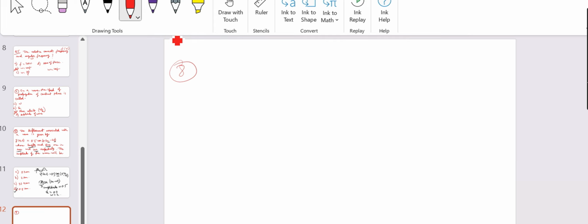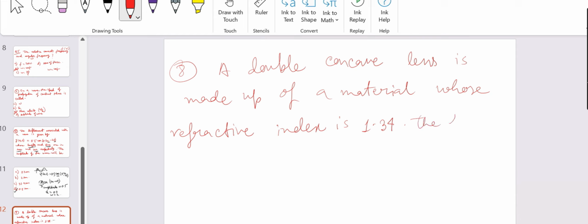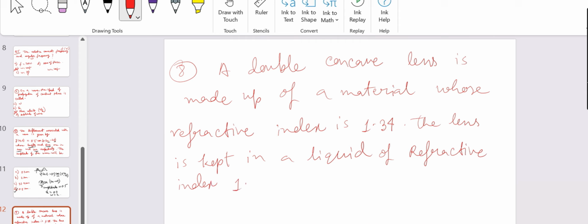Question 8. A double concave lens is made up of a material whose refractive index is 1.34 and the lens is kept in a liquid of refractive index 1.47.